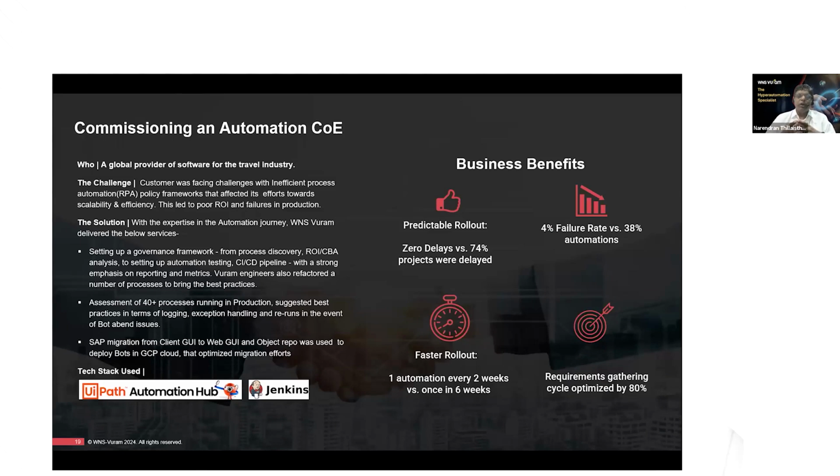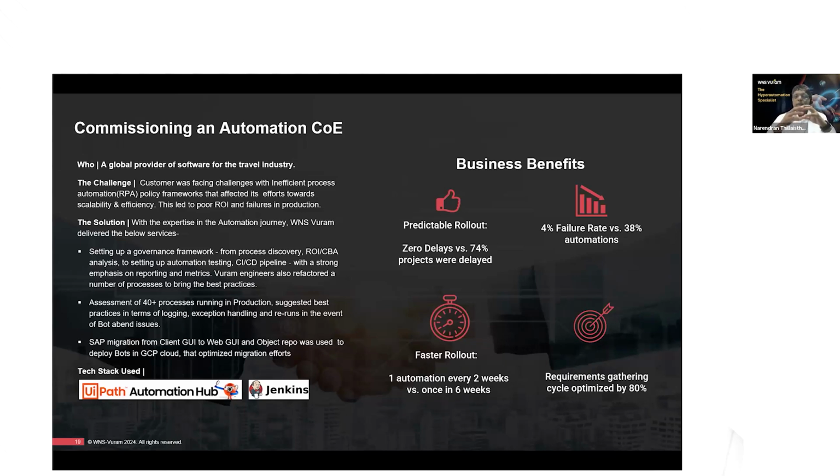The next one I want to talk about is an example from the travel industry. This is a case where we saw the customer jumping into the citizen developer framework a little too early. This is not something we are seeing isolated with this customer, we are seeing it with quite a few other customers as well, where citizen developers are empowered a little too early in terms of the methodologies, the framework, and a governance process like code review, checking in the right procedures, and approvals.